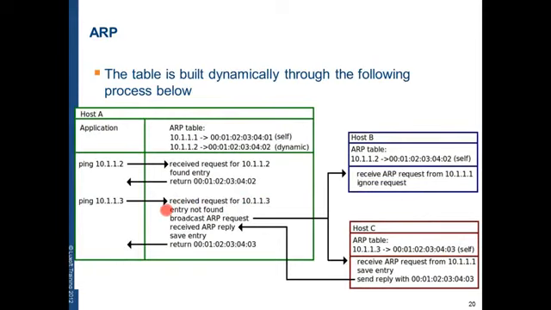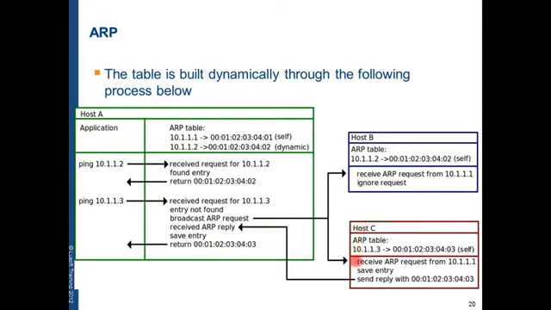The entry is not found in the ARP table, and it will send a broadcast ARP request, which means a specific packet of ARP request will be sent to all the nodes. The other nodes ignore the request.